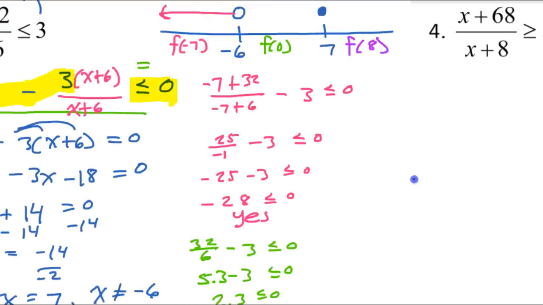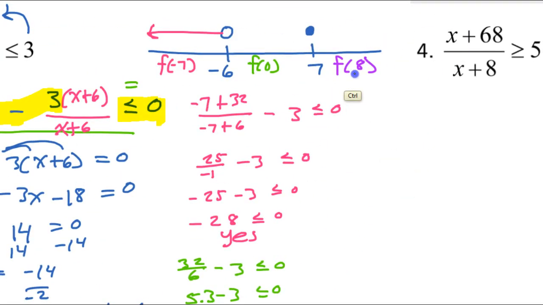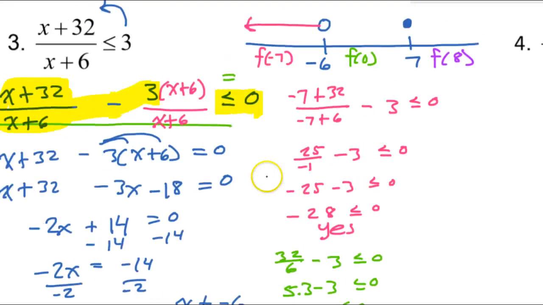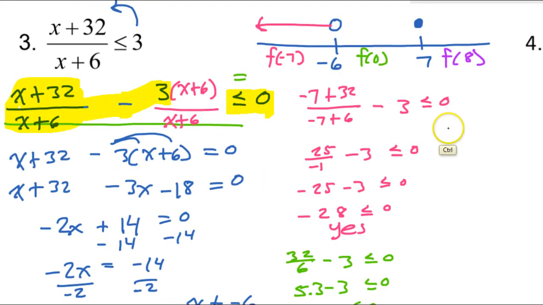All right, so last I need to check f at 8. So that's going to be 8 plus 32 over 8 plus 6 minus 3 is less than or equal to 0.